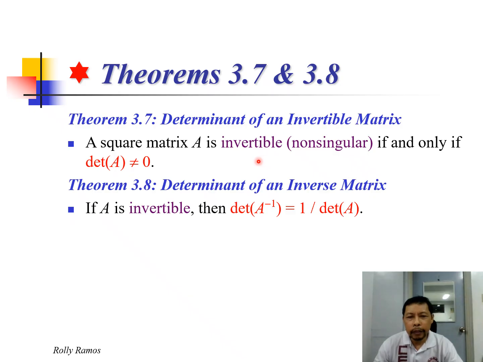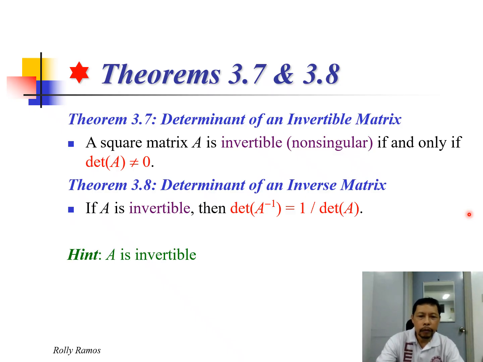A singular matrix is non-invertible. And if A is invertible, then the determinant of the inverse of A is equal to 1 over the determinant of A. So if a matrix is invertible, there is an inverse of that matrix. So if A is invertible, then the product of A and its inverse will give us an identity matrix.